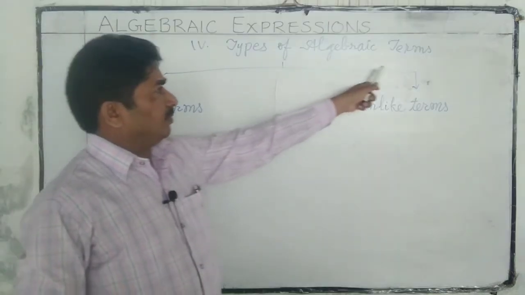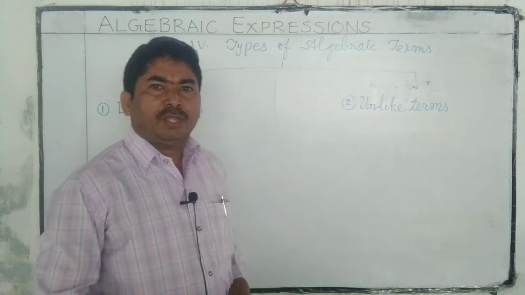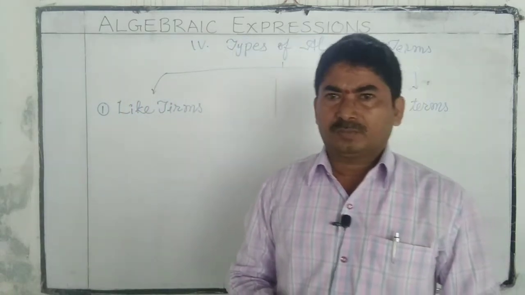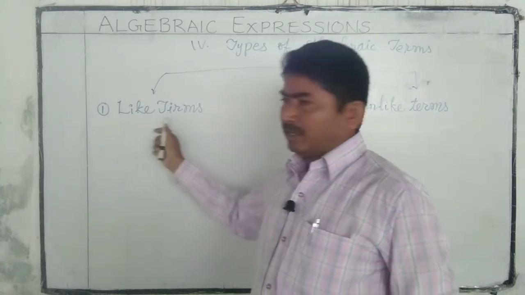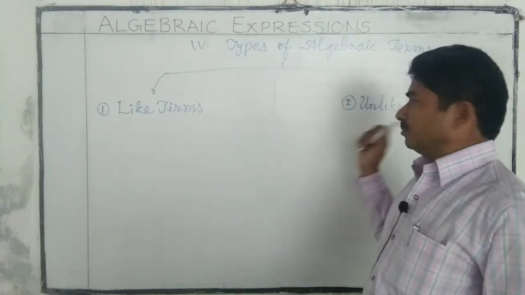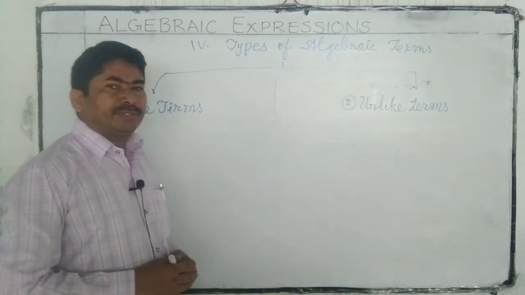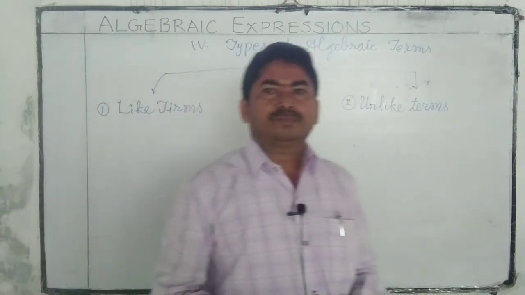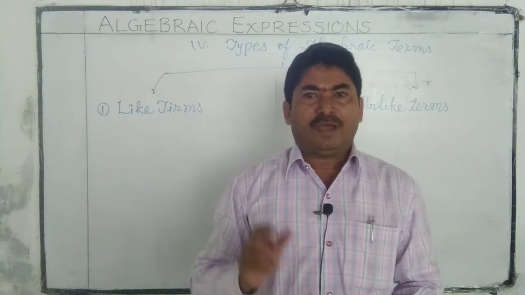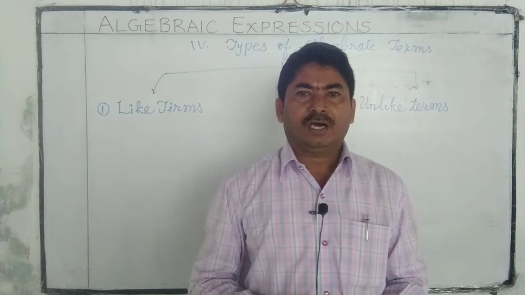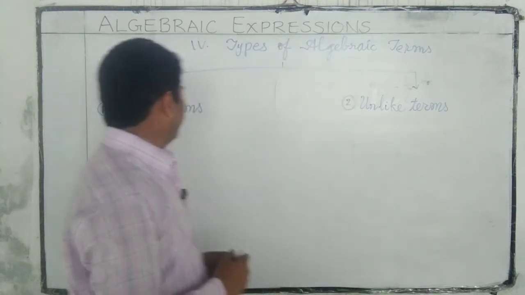Types of algebraic terms. There are two types of algebraic terms. They are like terms, unlike terms. What are like terms? Terms having same variables with same exponents are called like terms.